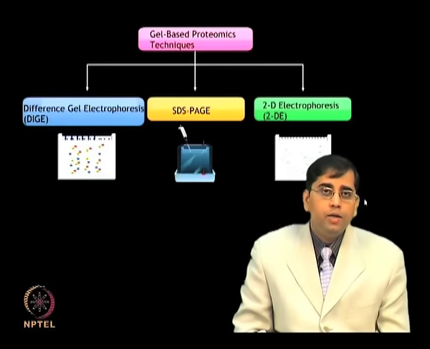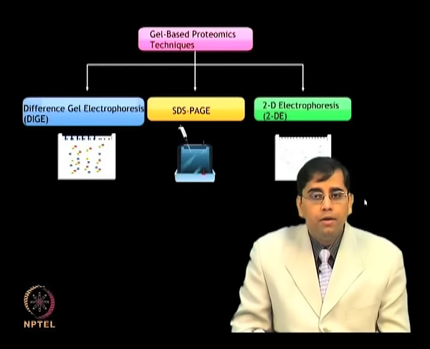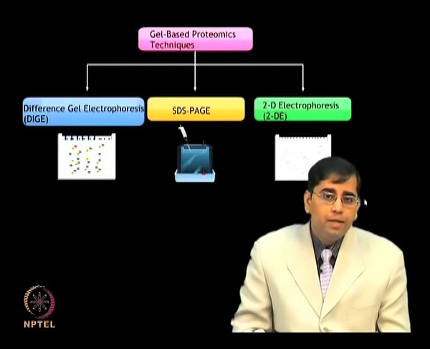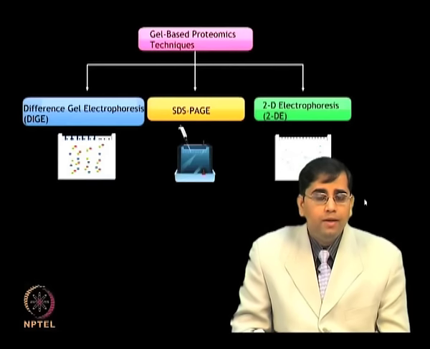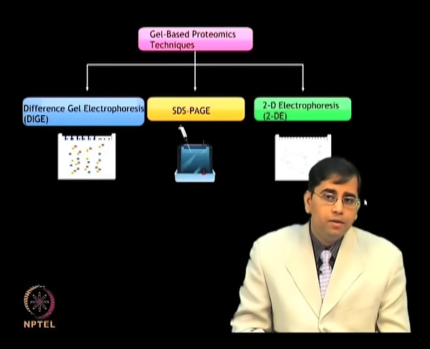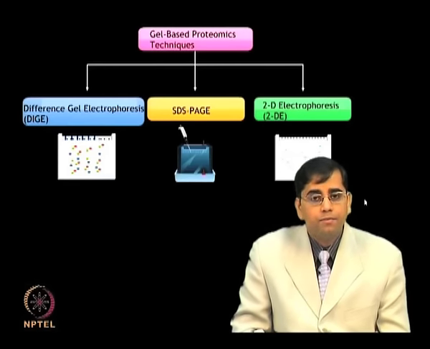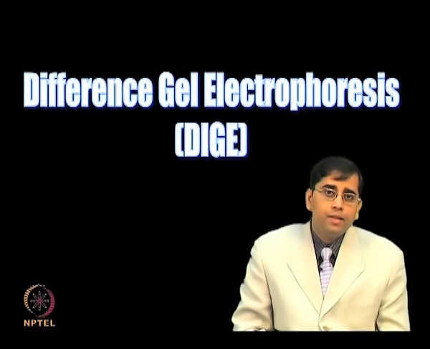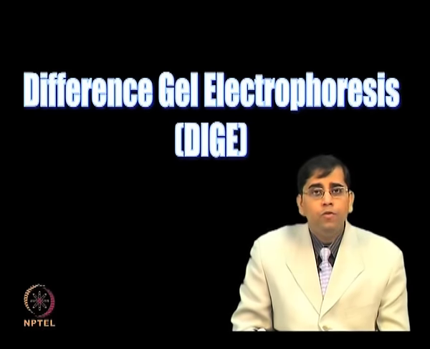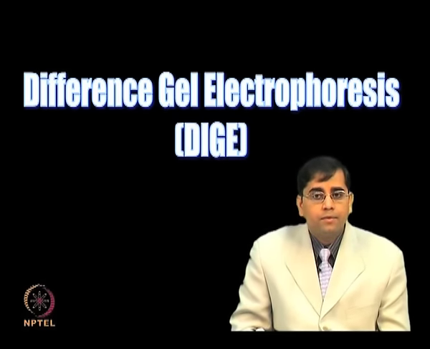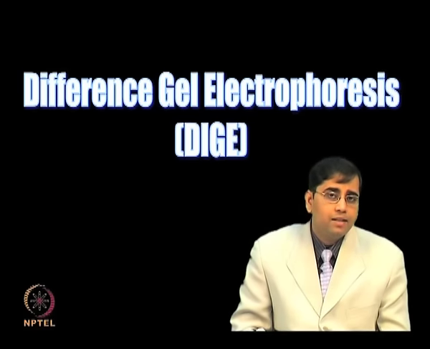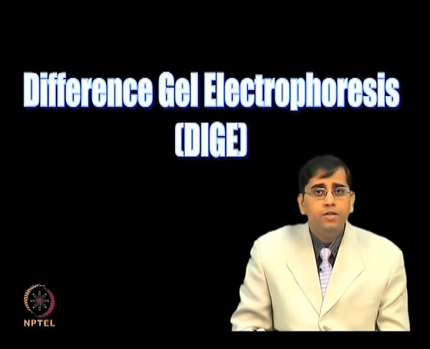Two-dimensional electrophoresis involves protein separation on a pH gradient based on their isoelectric point using isoelectric focusing, followed by separation in the second dimension using SDS-PAGE. Two-dimensional electrophoresis has high resolving power, but it has several limitations such as staining artifacts and gel to gel reproducibility.